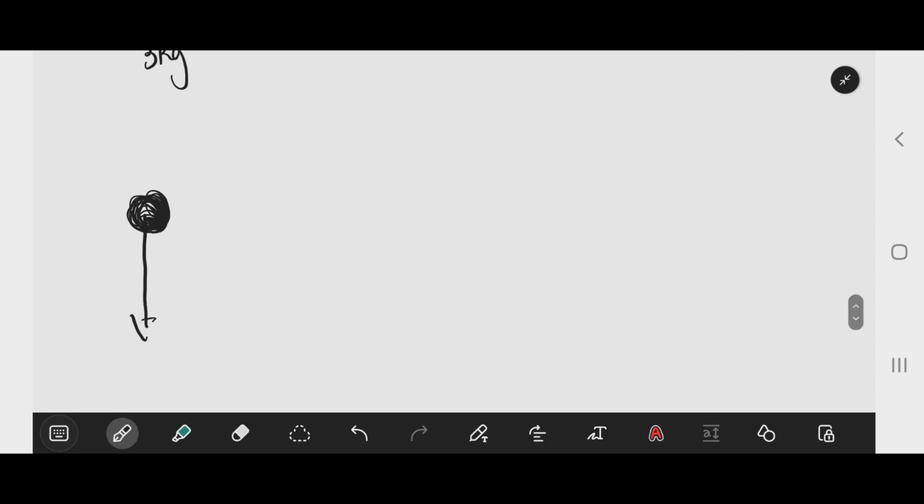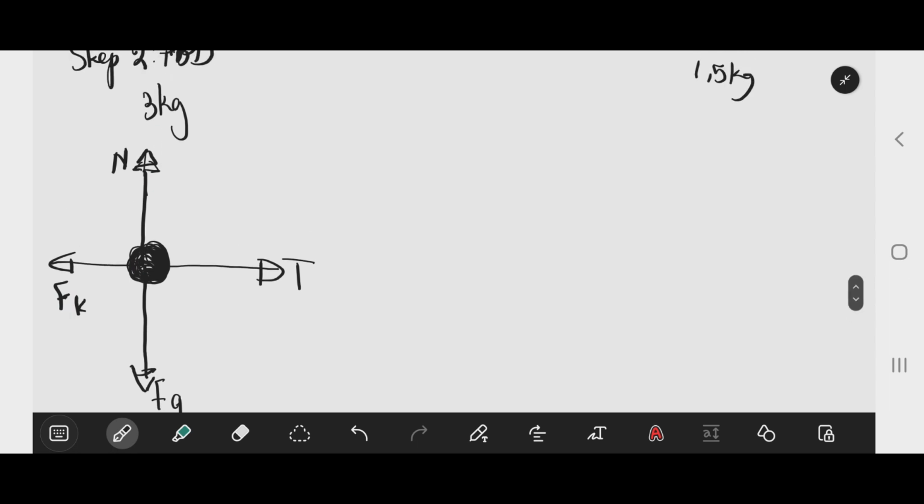We have Fg going downwards, and we have normal force going upward, and we have tension, which is pulling that object in that direction, and we have friction, which is opposing the direction of motion. So that is the free body diagram for the 3 kg.